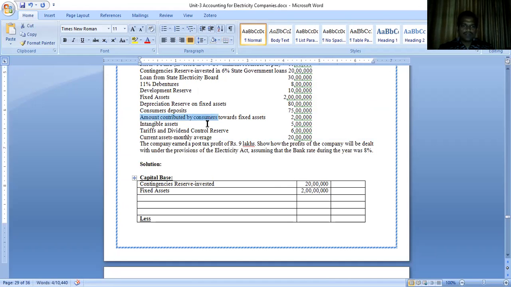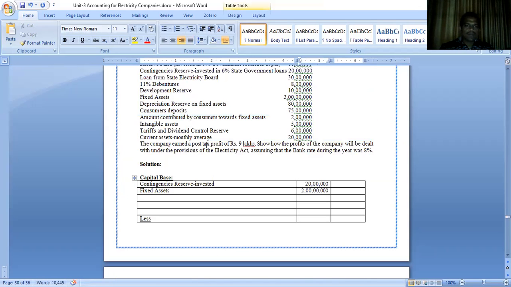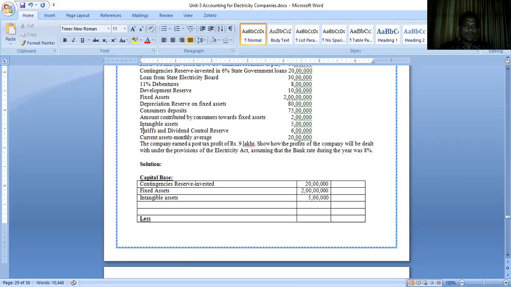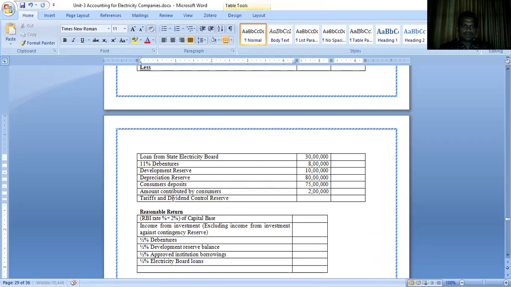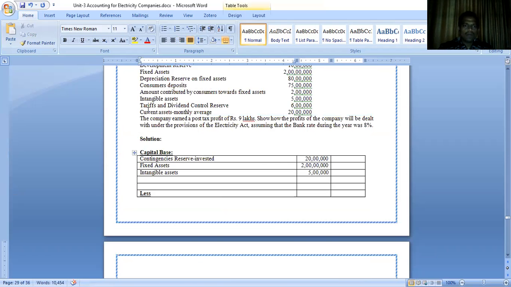Amount contributed by the customers 2 lakhs. Intangible assets 5 lakhs. So tariff and dividend control reserve 6 lakhs. Current assets monthly average 20 lakhs.